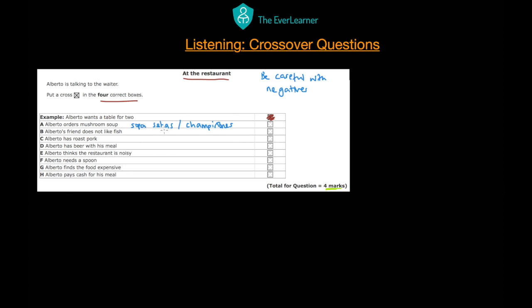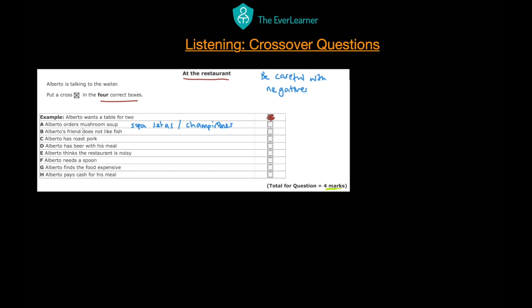For example, you might hear sopa de setas or sopa de champiñones, but not as yo quiero sopa de champiñones, I want mushroom soup, but as no me gusta la sopa de champiñones. Or el otro día comí sopa de champiñones, I ate mushroom soup the other day. So be careful with things being mentioned, but not being what is actually there in the sentence.